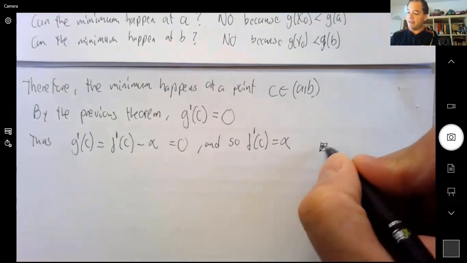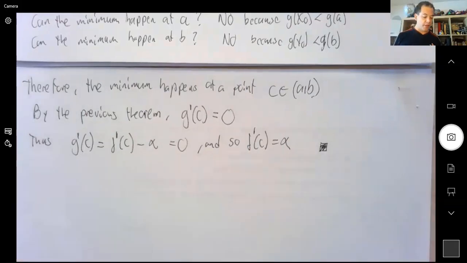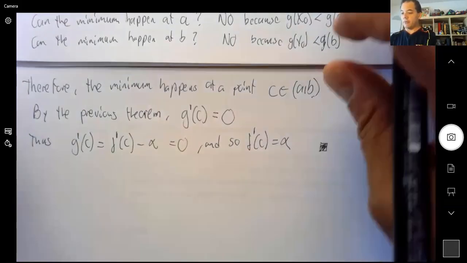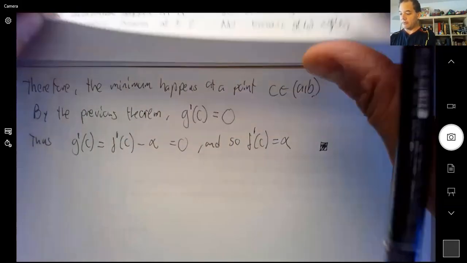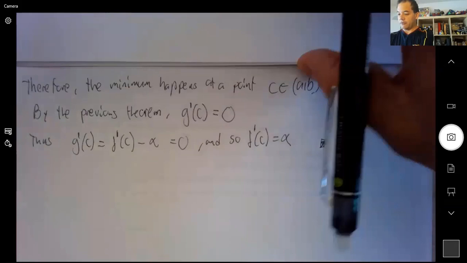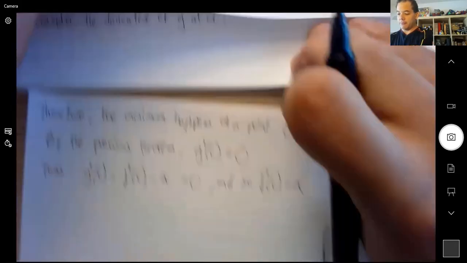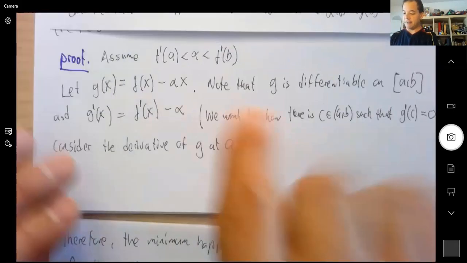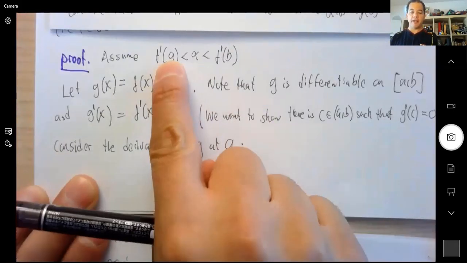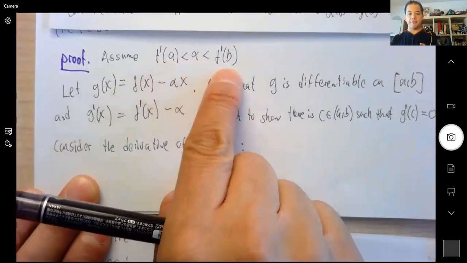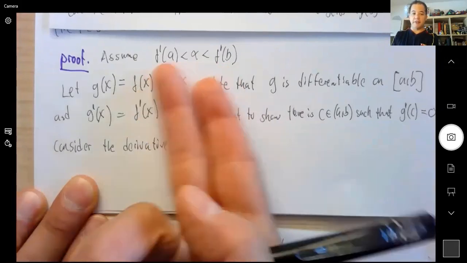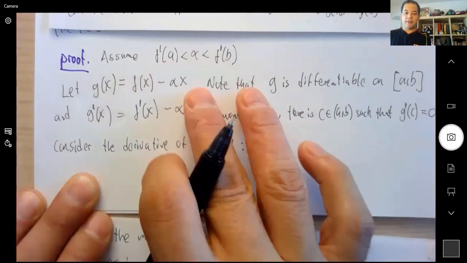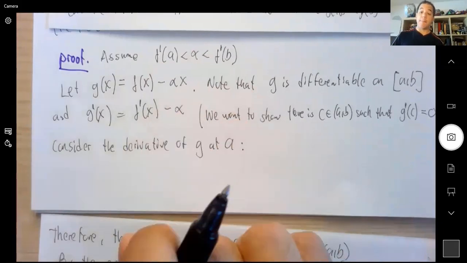Now, we only did it in one case, so let's go back all the way to the beginning of the proof. At the very beginning of the proof, we considered the case where f prime of A is less than alpha, less than f prime of B. If you want the opposite, then instead of looking at the minimum, you're going to look at the maximum.